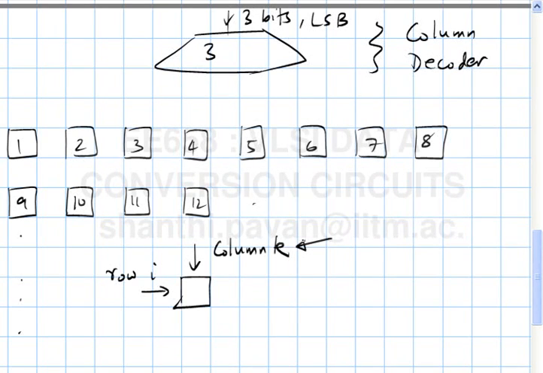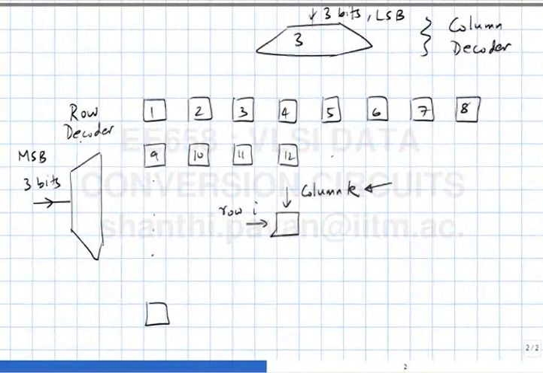If row I minus 1 is 1, see how does the thermometer stuff work? So the MSB 3 bits will determine how many of these rows are on, correct? And so let's say the code was say 15. Then what should happen?